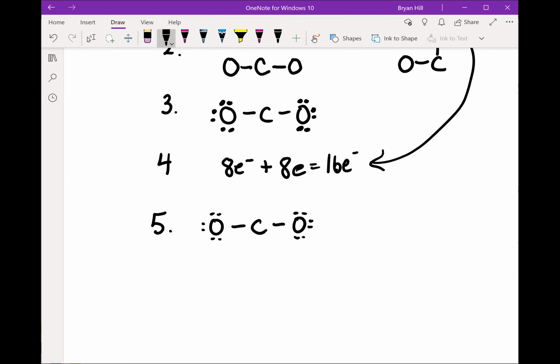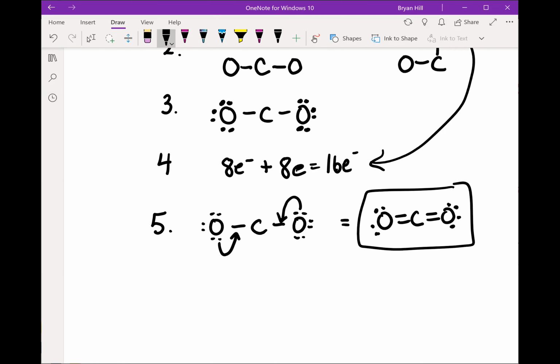So we need to complete that by moving lone pair electrons to make single or double bonds. Now carbon has got 2, 4, 6, 8 electrons. Each oxygen's got 2, 4, 6, 8 electrons. So every octet is filled, complete. So this would be our final Lewis structure.